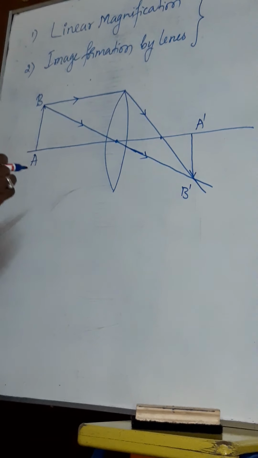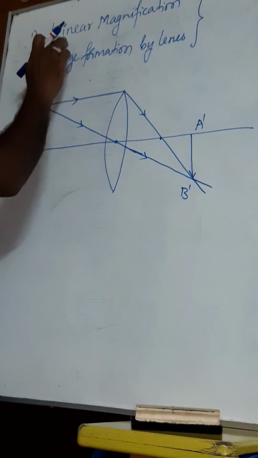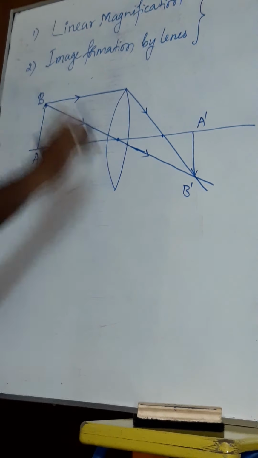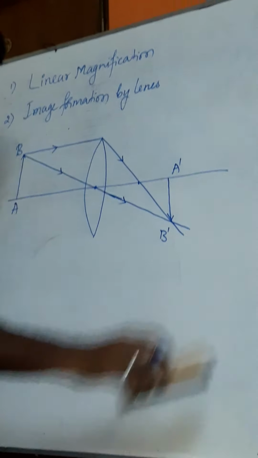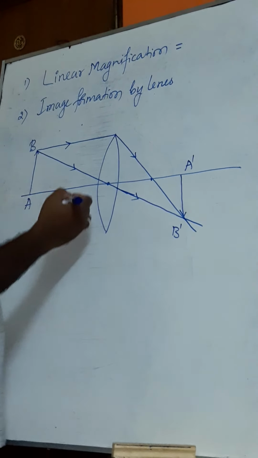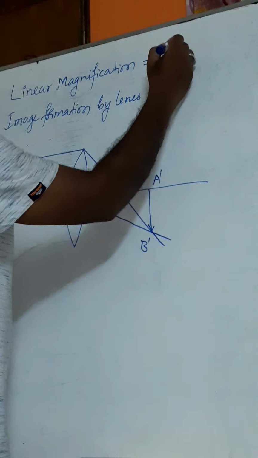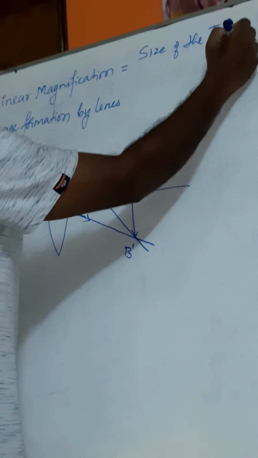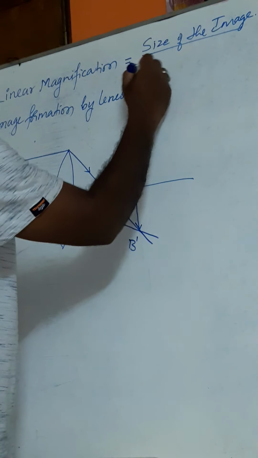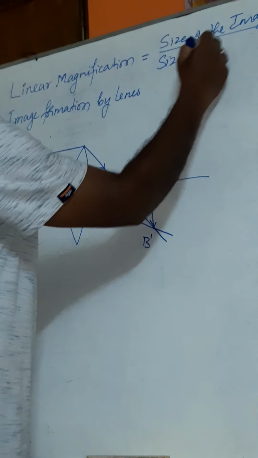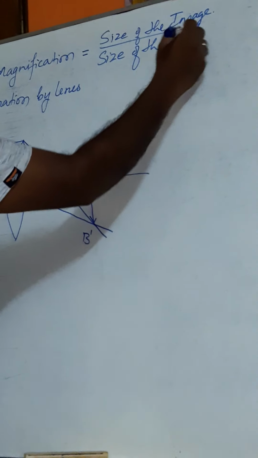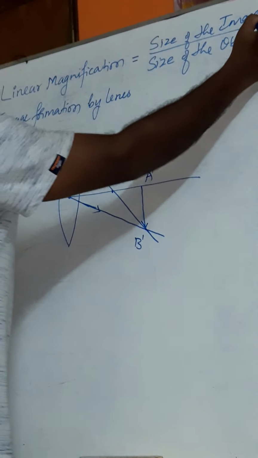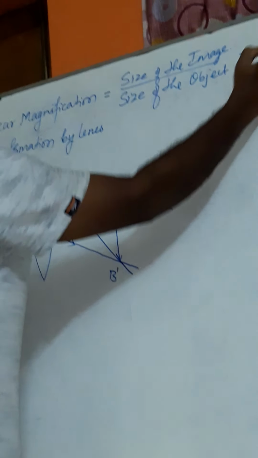Now in this ray diagram, first of all, to understand what is linear magnification: linear magnification is defined as the ratio of the size of the image divided by the size of the object. The size of the image is A dash B dash.